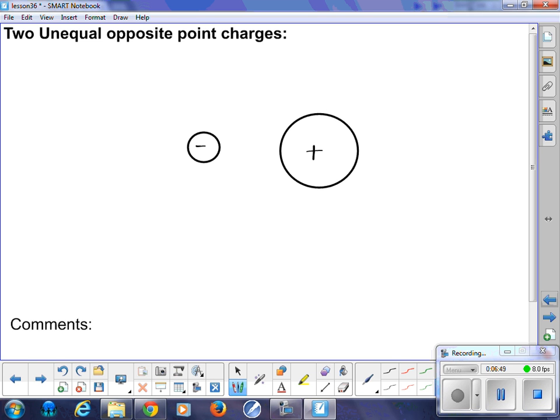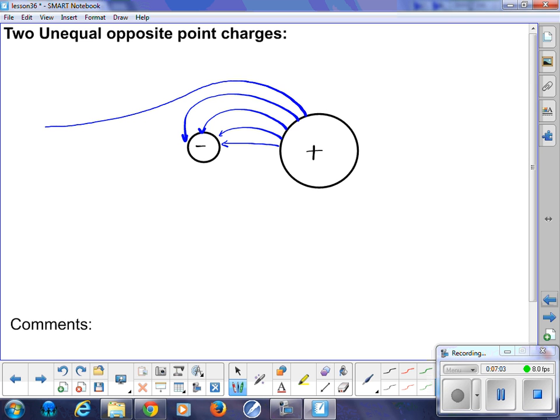What happens is you're going to have fewer equipotential lines connecting to that negative. So we are going to have a line that looks like that, coming in perpendicular. And what happens is that negative charge loses the ability to pull in those field lines from the larger charge.